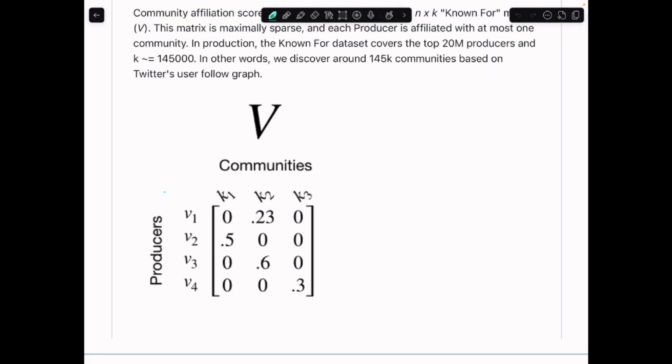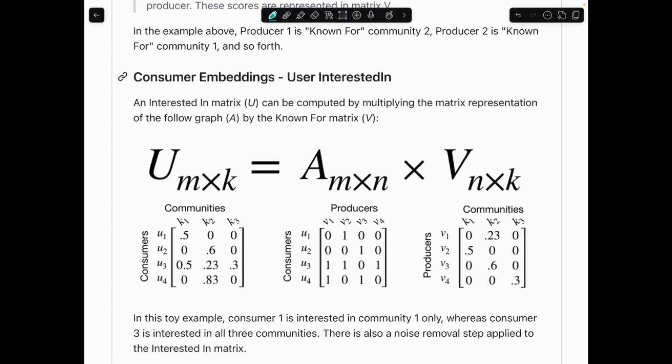After step 2, we got a representation for all the producers, where the rows are producers and columns are the communities. Each row means how strongly we think this producer belongs to this community. The next step is to calculate the user representation.